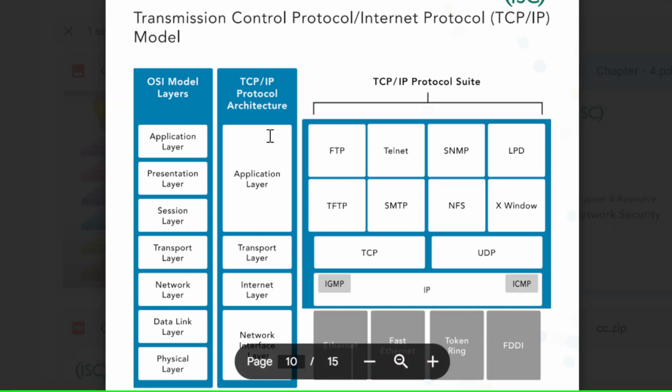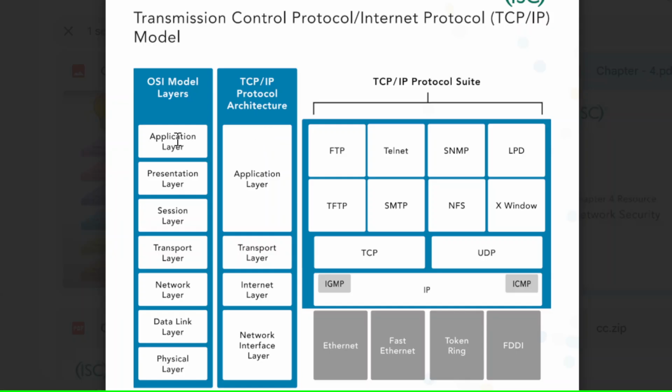But in the TCP/IP protocol architecture, the application layer, presentation layer, and session layer merge together and form a single layer known as the application layer. Then the transport layer remains the same, the network layer is converted into the internet layer, and the data link layer and the physical layer are converted into the network interface layer.